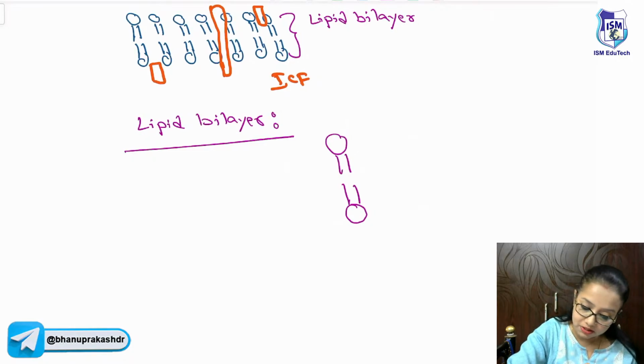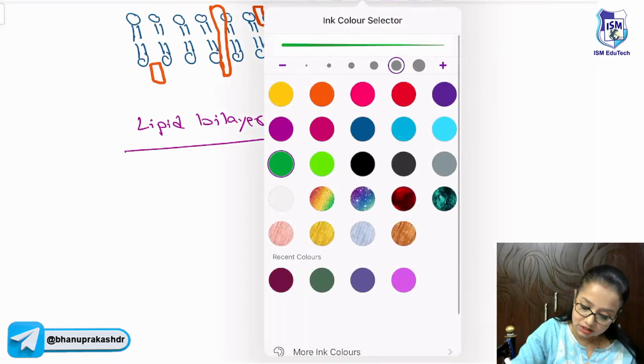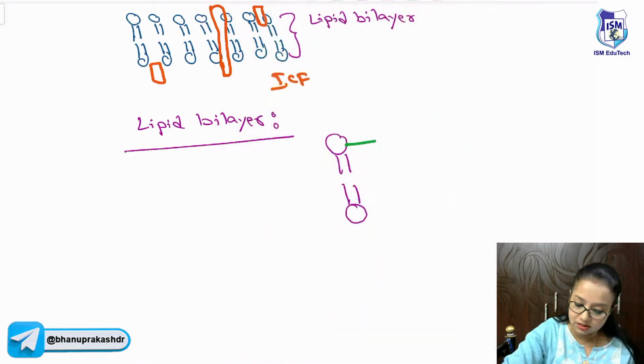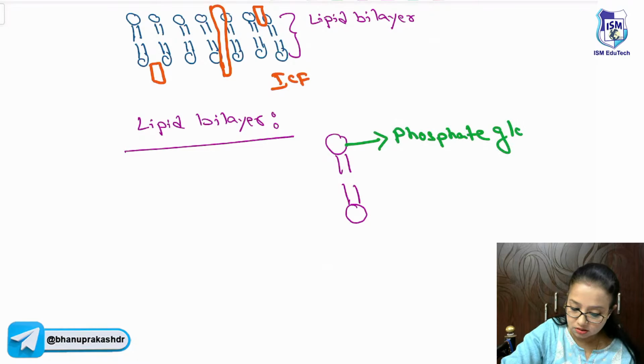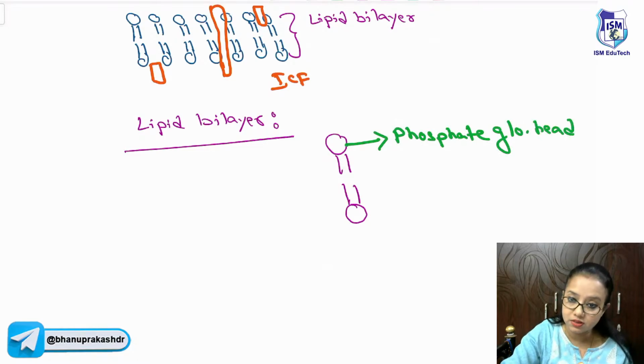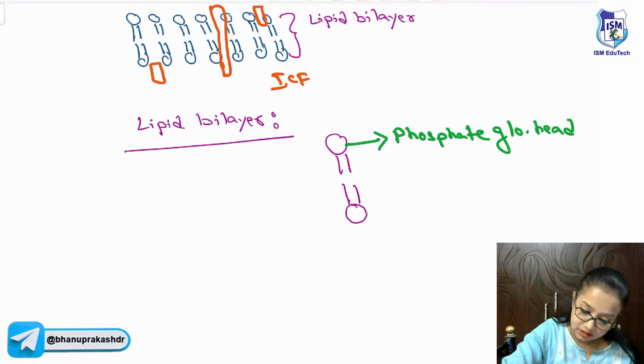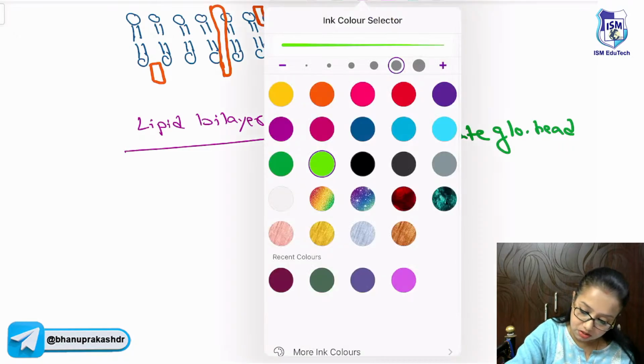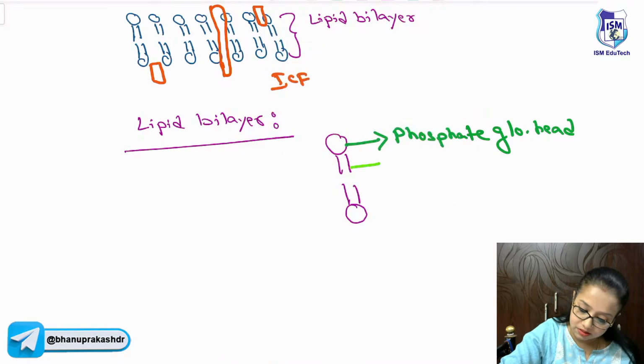In this lipid bilayer, the structure that we have is a phosphate globular head, and below this, what we have is a fatty acid tail.